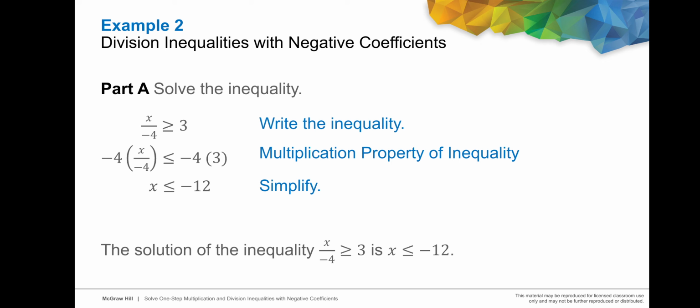Then, as you can see here, negative 4 is crossed out with negative 4, and x is left. Since I multiplied by a negative, I should switch the sign. It was more than or equal to, and then it becomes less than or equal to negative 4 times 3.